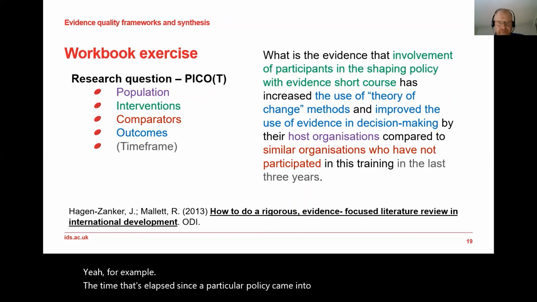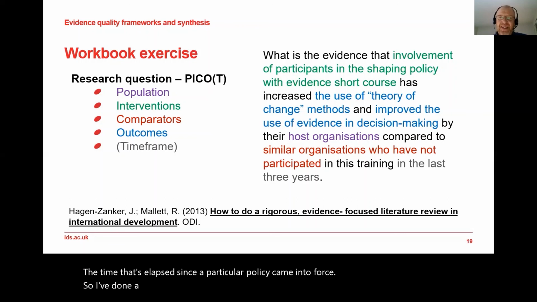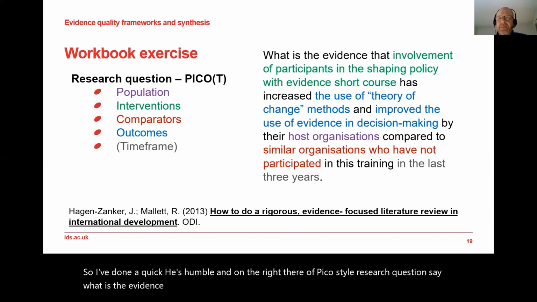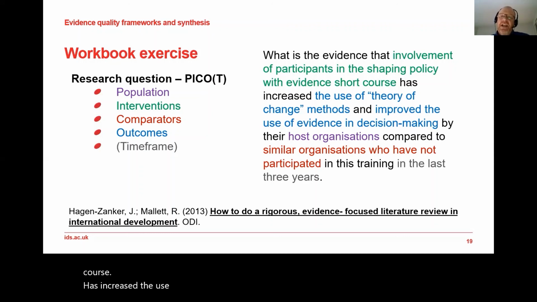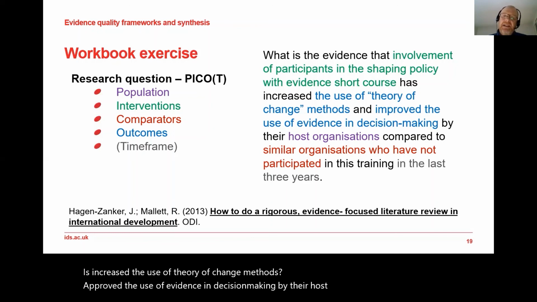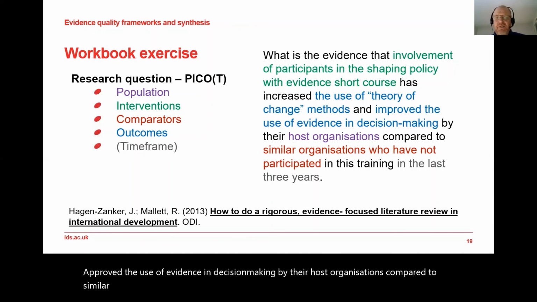So I've done a quick example on the right there of a PICO style research question. What is the evidence that involvement of participants in the Shaping Policy with Evidence short course has increased the use of theory of change methods and improved the use of evidence in decision making by their host organisations compared to similar organisations who have not participated in this training in the last 3 years?